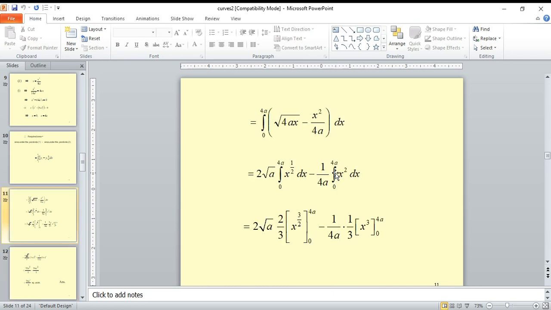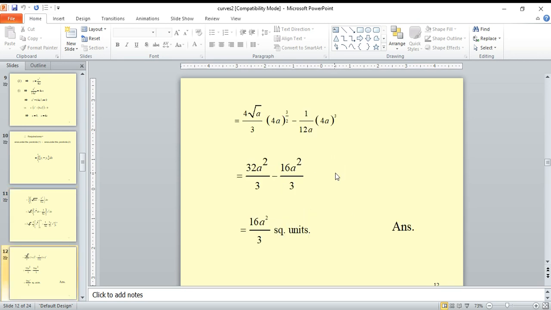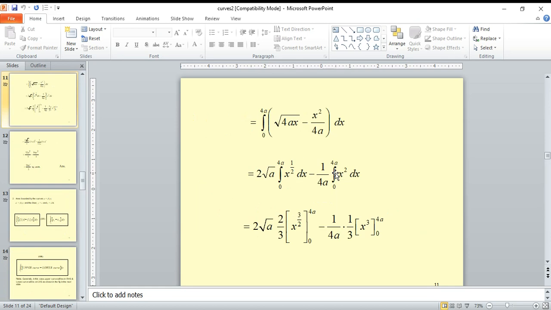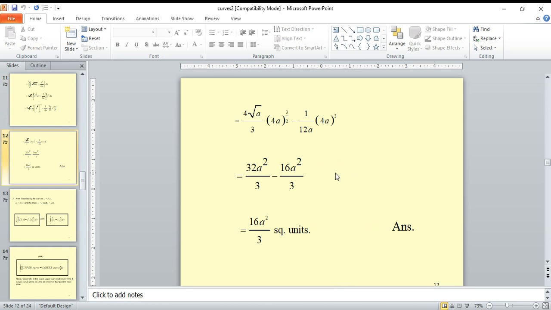So upper limit is 4a, lower limit is 0. So apply upper limit: 4 root a by 3 into x power 3 by 2, in place of x apply 4a power 3 by 2, minus 1 by 12a into 4a cube, minus 0.